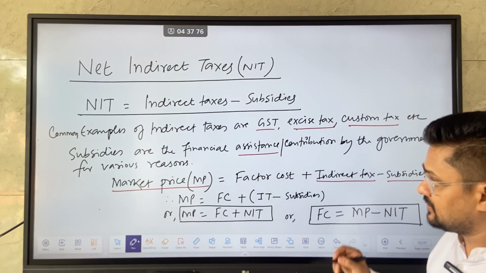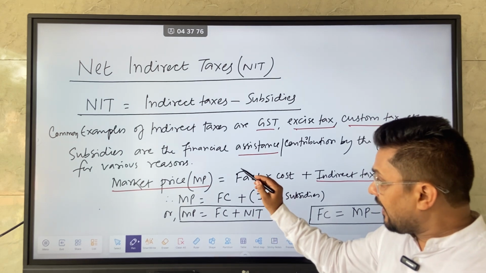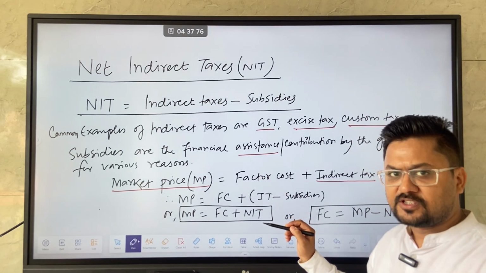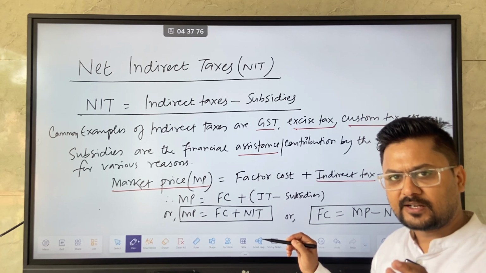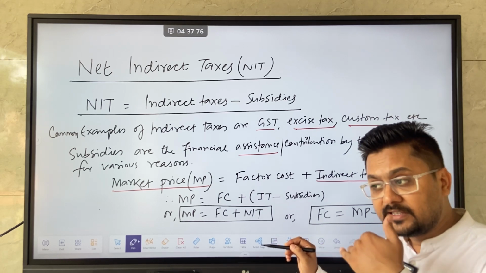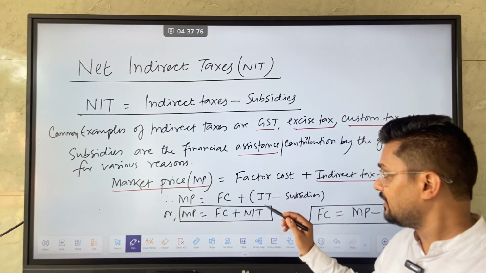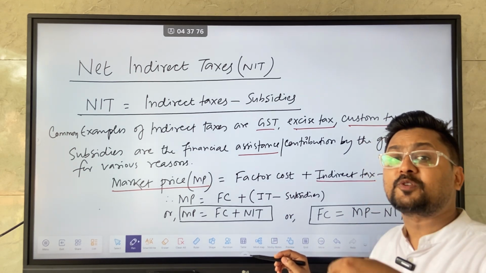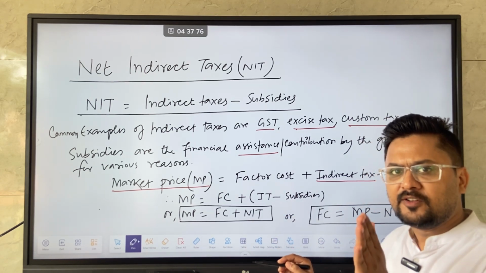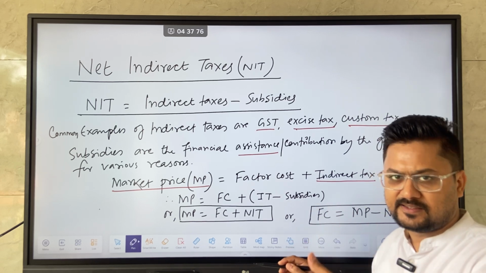Now what is the meaning of this? Factor cost is the cost at which the good is produced. It includes land, labor, capital and entrepreneur, their remuneration. So I should say factor cost is the cost of production in simple language, where the factors are paid their remunerations.